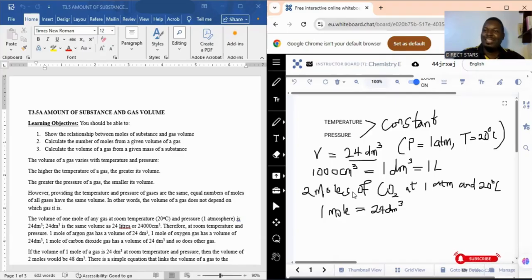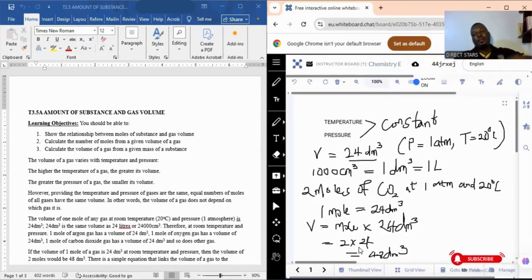So that gives us a mathematical relationship. We'll just say the volume of the gas equals mole times 24, and that makes 2 times 24 to give 48 dm³.